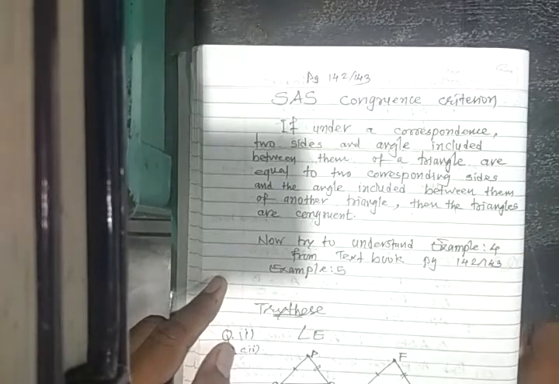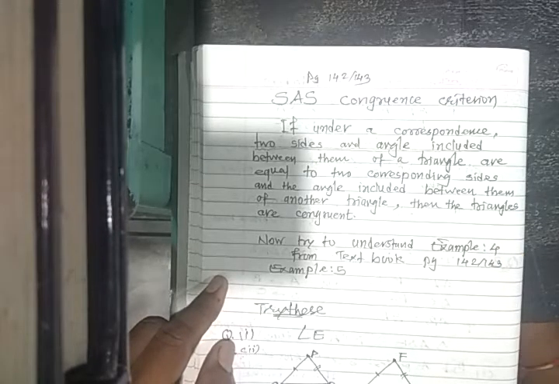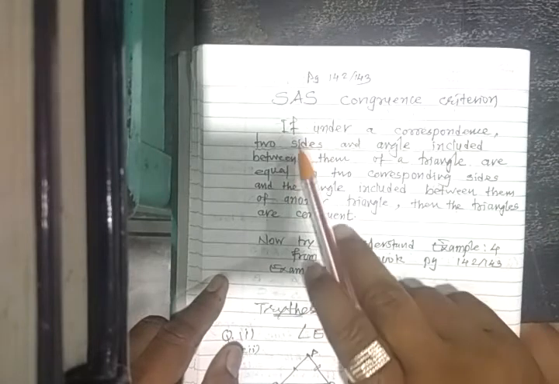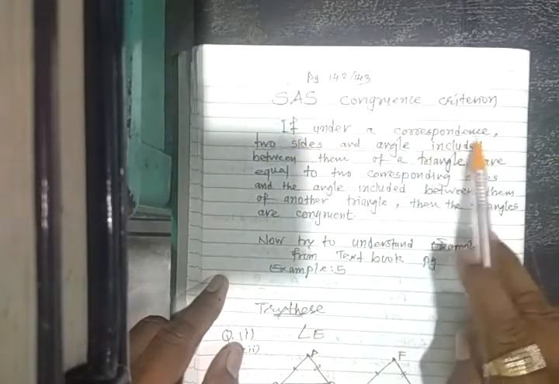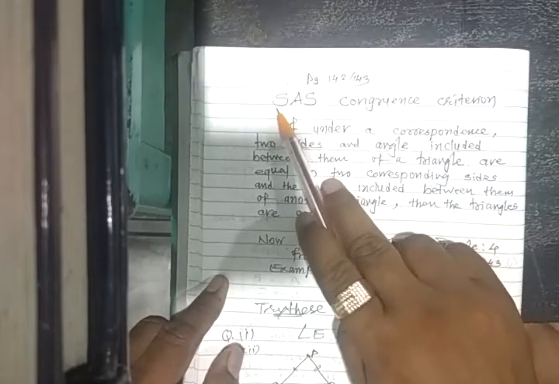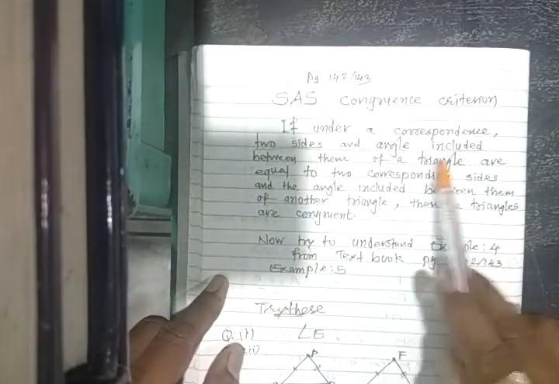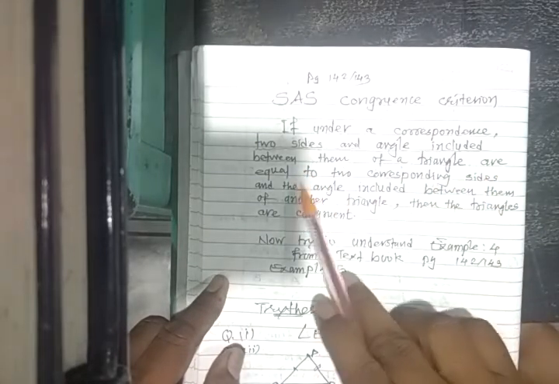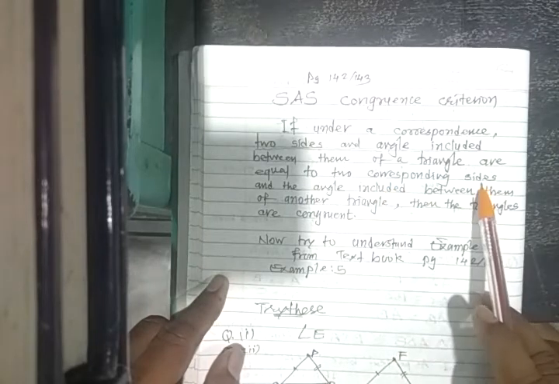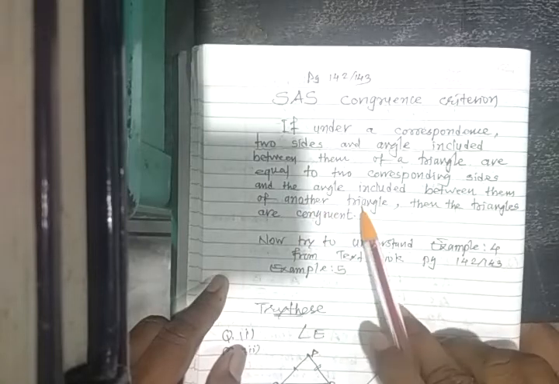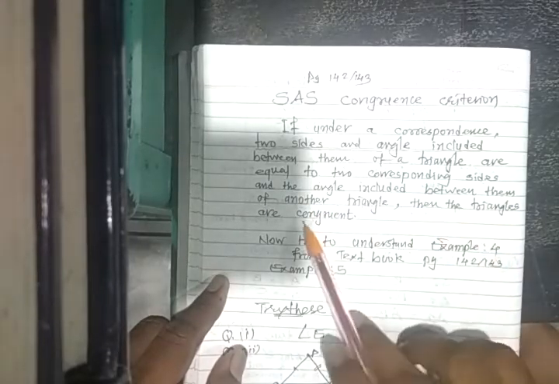That will be very important for the exams, not only now in class 7, but also in 8, 9, 10 and so on, wherever you have mathematics. Remember, if under a correspondence two sides and the angle included between them of a triangle are equal to two corresponding sides and the angle included between them of another triangle, then the triangles are congruent.